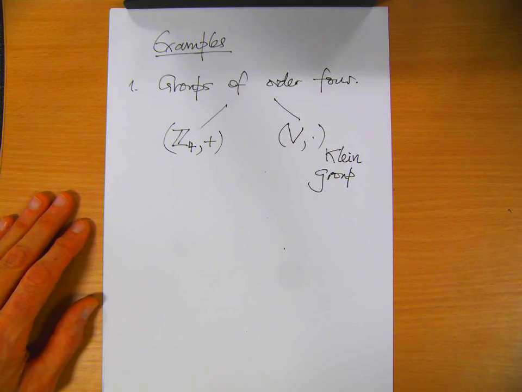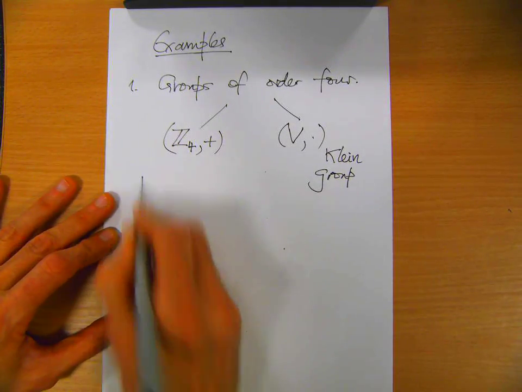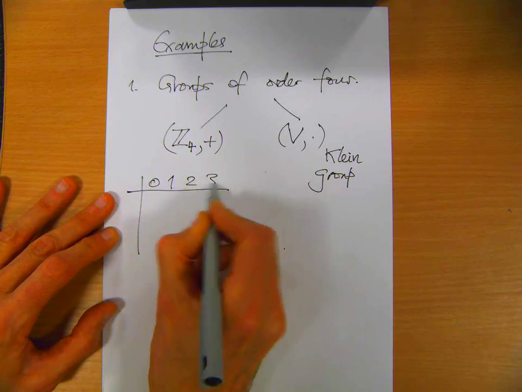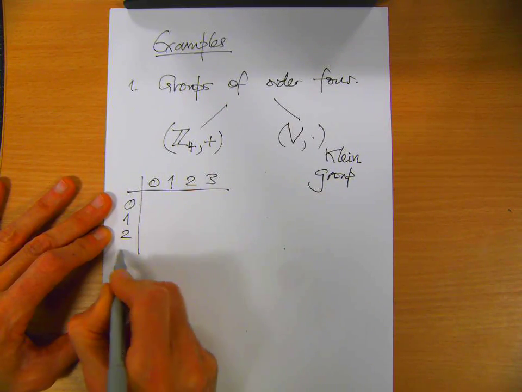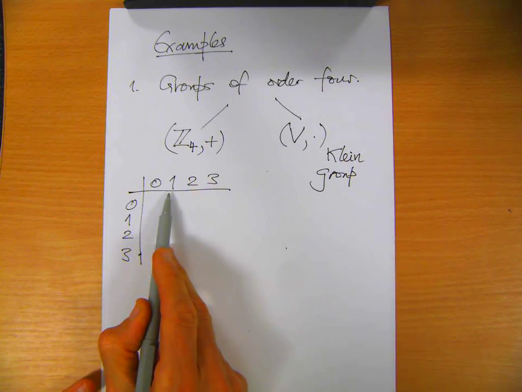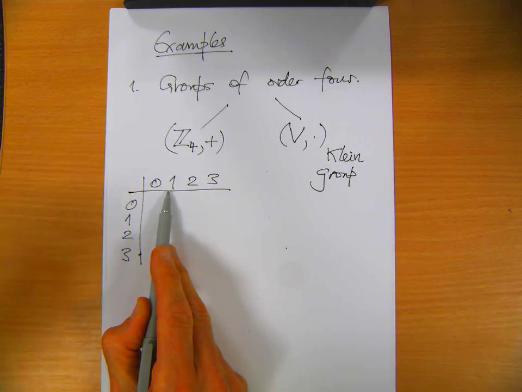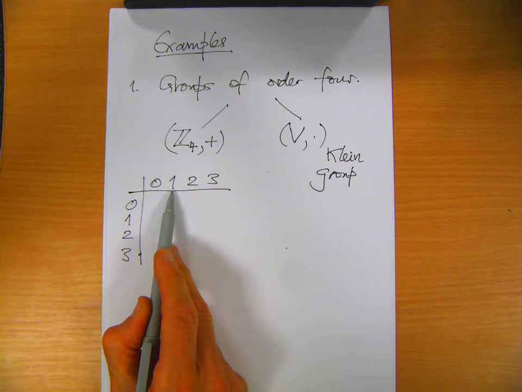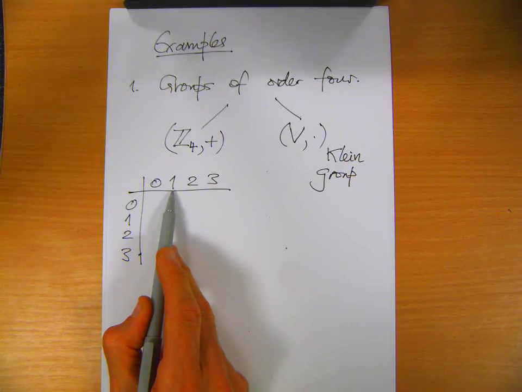So do we need to do the group tables? Well, we've done this once or twice now. Usually we would call the integers modulo 4 0, 1, 2 and 3. And just to remind you that 1 isn't really the integer 1, it's actually the equivalence class 1, 5, 9 going off in both directions.